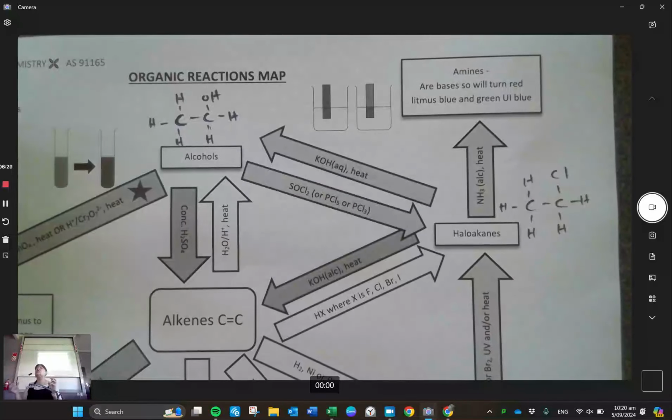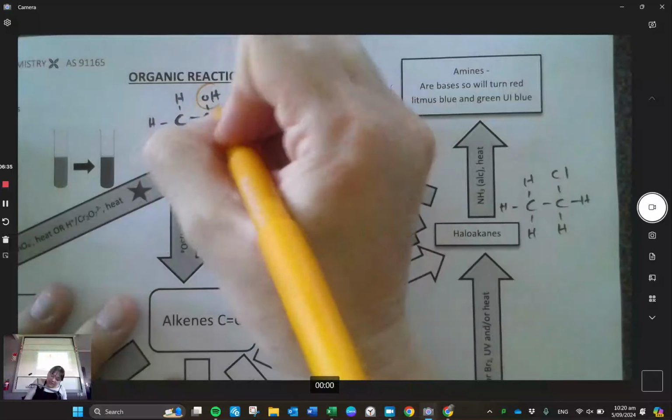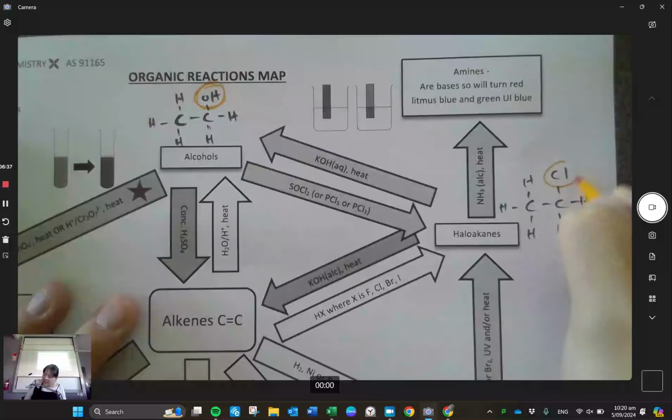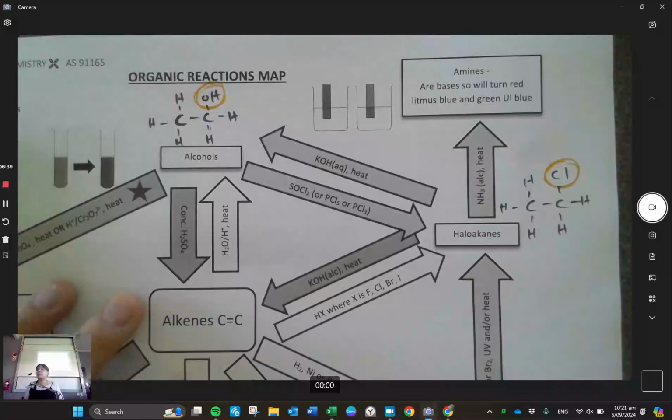In this case, for organic chemistry, we're doing the exact same thing. We are substituting one molecule for another, or say one section for another. So for example, this alcohol is getting substituted out for a chlorine. That is substitution. We're swapping something out.